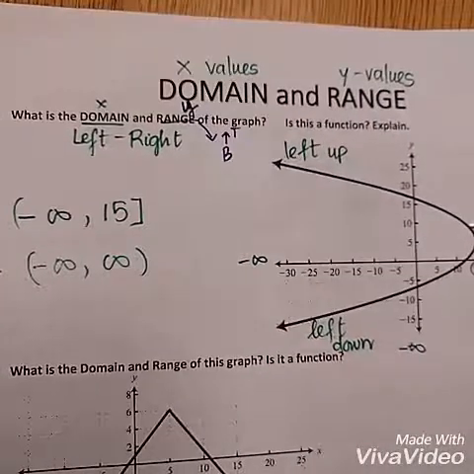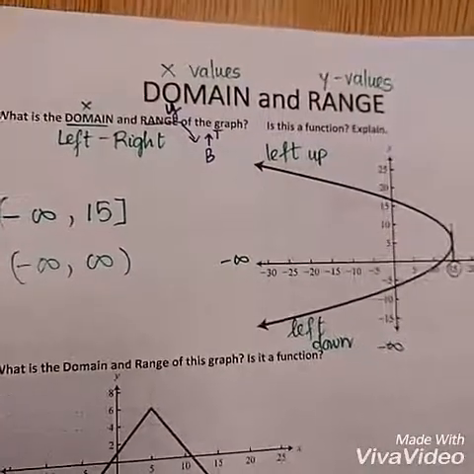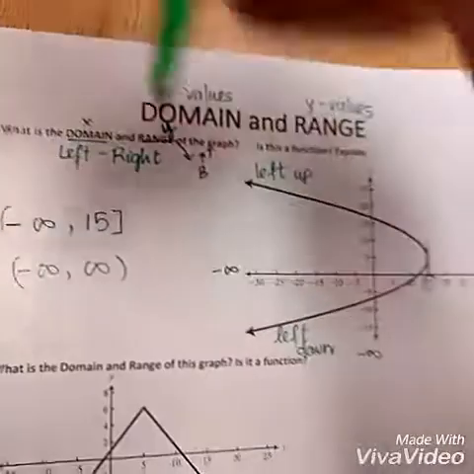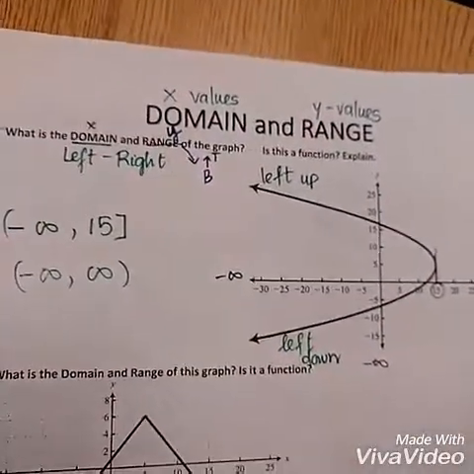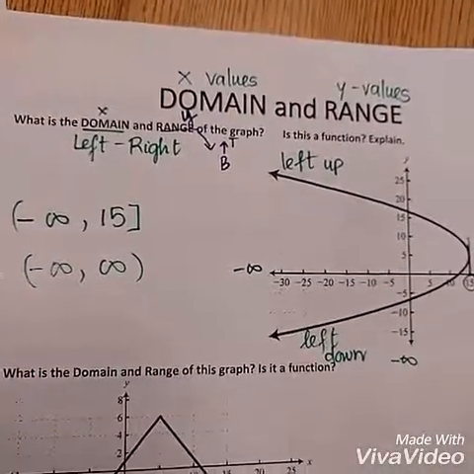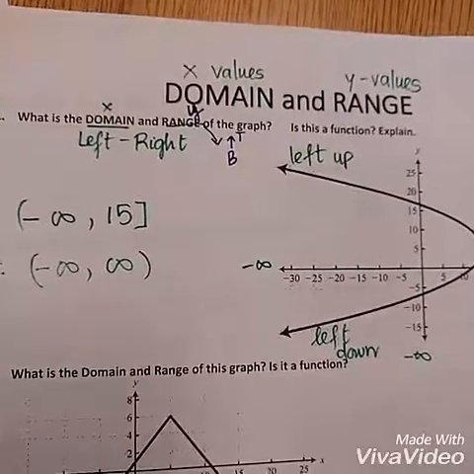So negative infinity to positive infinity, because it keeps stretching forever and ever, it doesn't stop. So that's the interval notation.